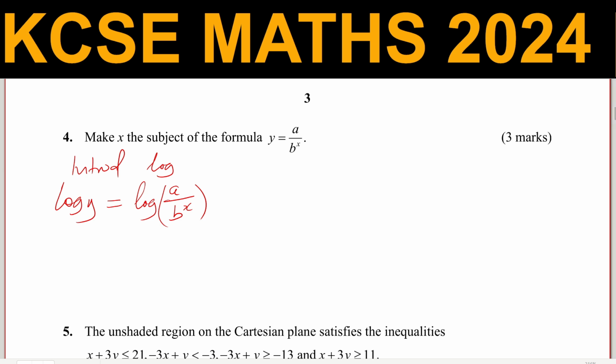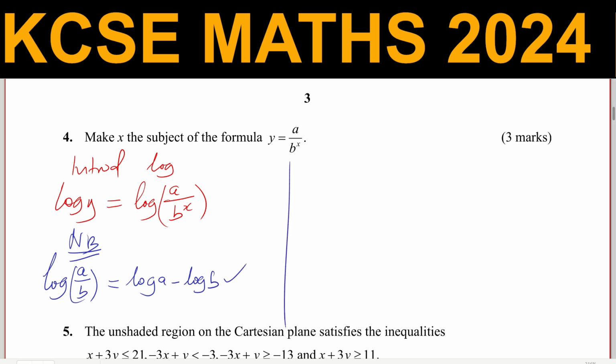The first one: given logarithm of a divided by b, this is the same as logarithm of a minus logarithm of b. And the second one: given logarithm of a raised to power n, this is the same as n logarithm of a. So these two will help us to make x the subject of the formula.